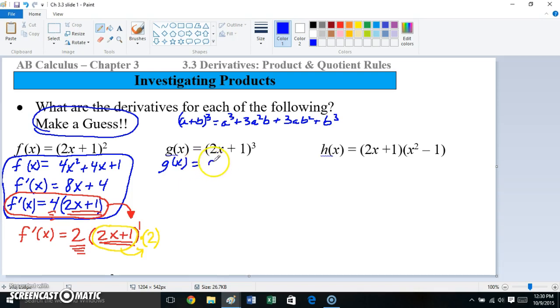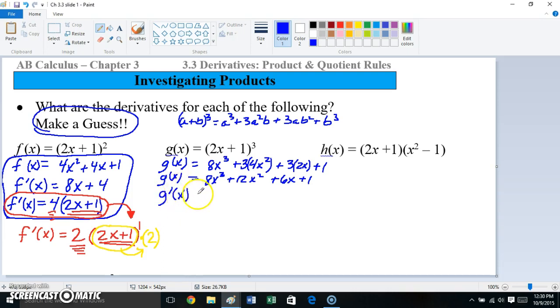So g of x would be 8x cubed plus 3 times 4x squared plus 3 times 2x plus 1. All right, simplifying a little bit more, we get 8x cubed plus 12x squared plus 6x plus 1.